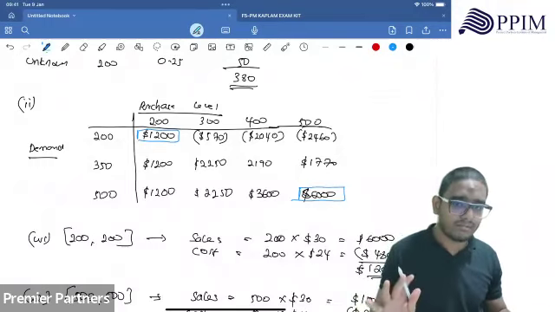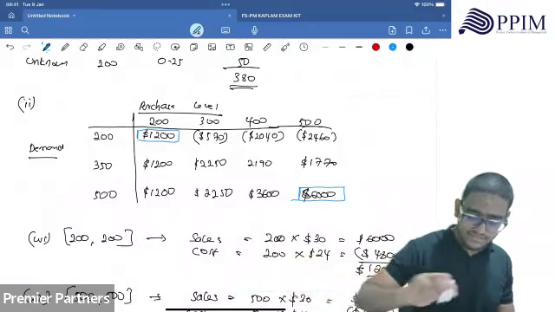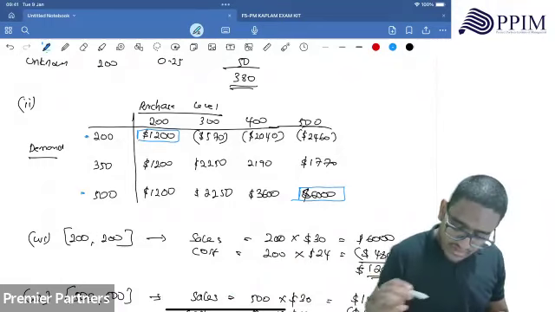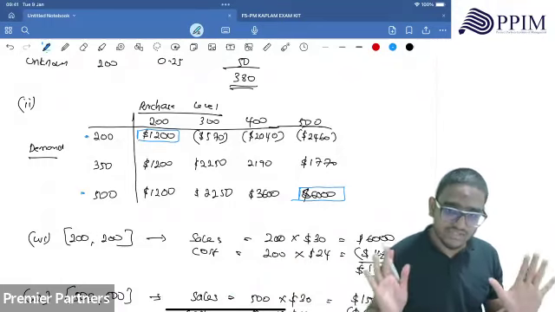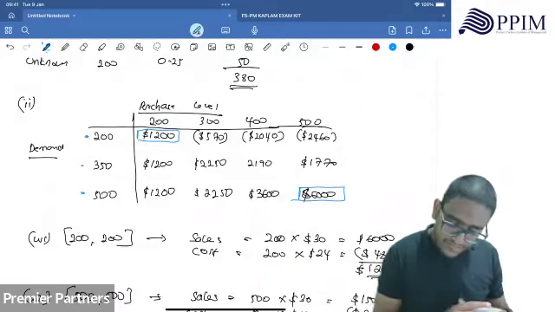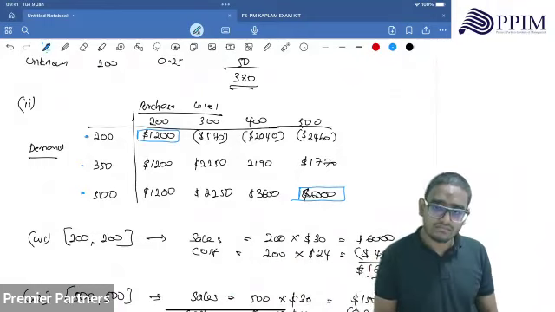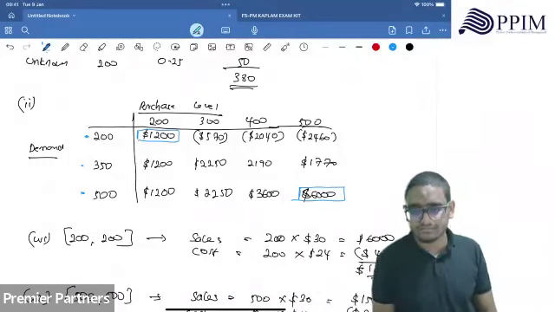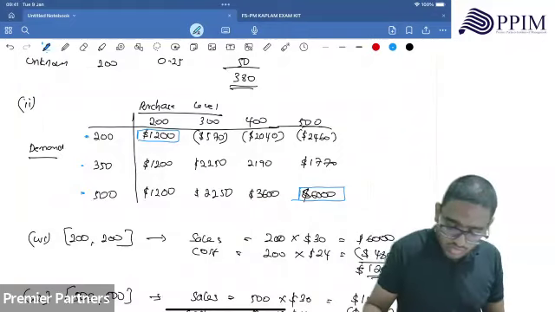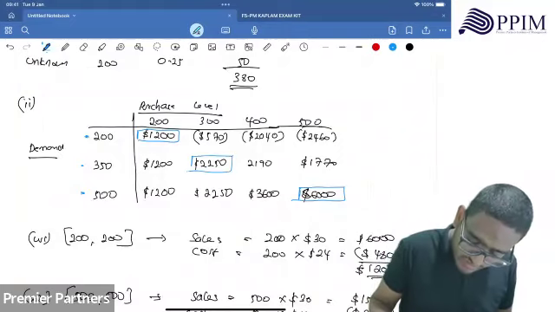The best way to do a regret table? Go sideways. For 200, I marked 1200. For this 500, I marked 600. The best choice, correct? For 350, what is the best choice I can make? 250 is my best choice.